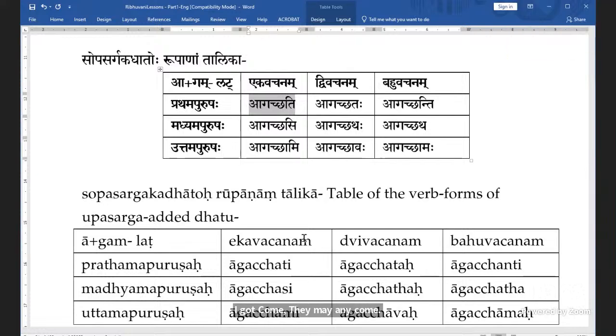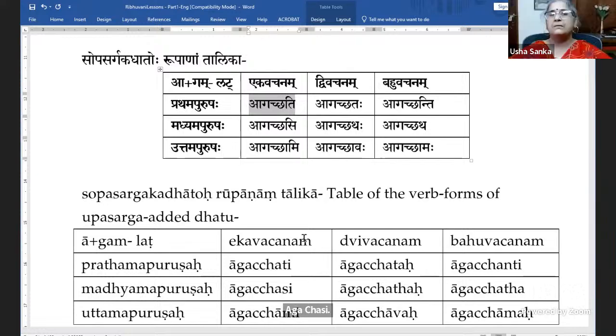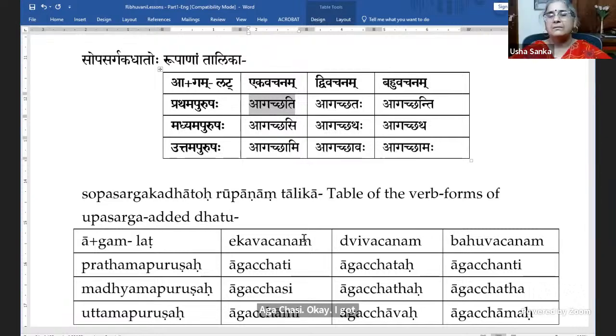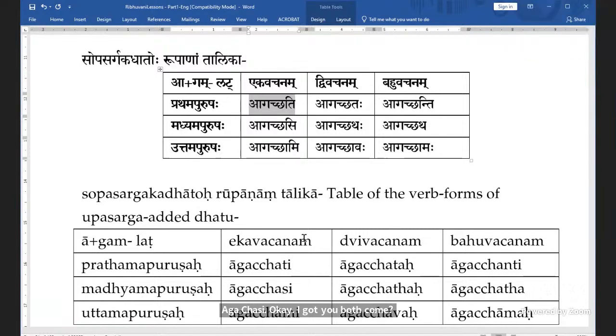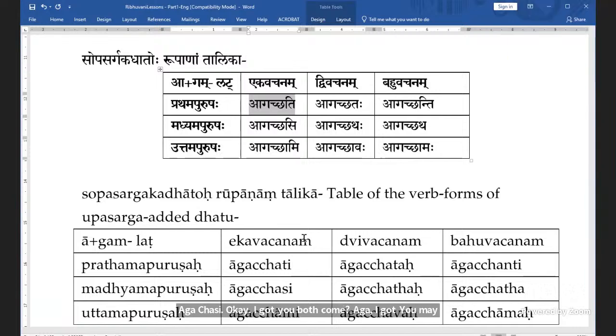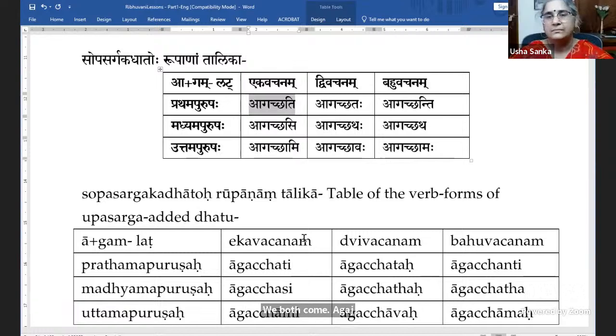Agachasi. You come. Agachataha. You both come. Agachatha. You many come. Agachami. I come. Agachavaha. We both come. Agachamaha. We many come. Correct, very nice.